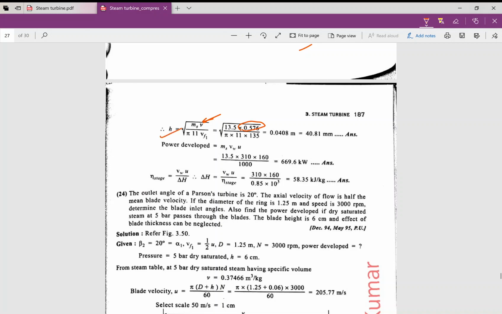So with this equation you can calculate blade height and then finally power developed. Stage efficiency is also asked. So for stage efficiency we will have to get isentropic drop, that comes out 0.85 into 10 to the power 3, and you can get value of stage efficiency like this.